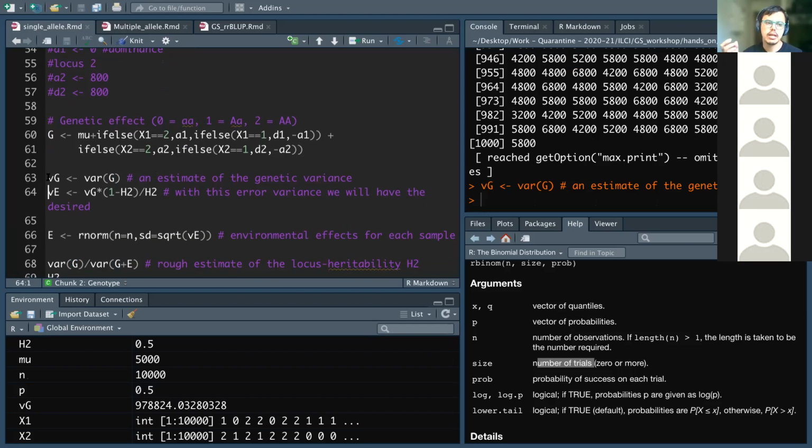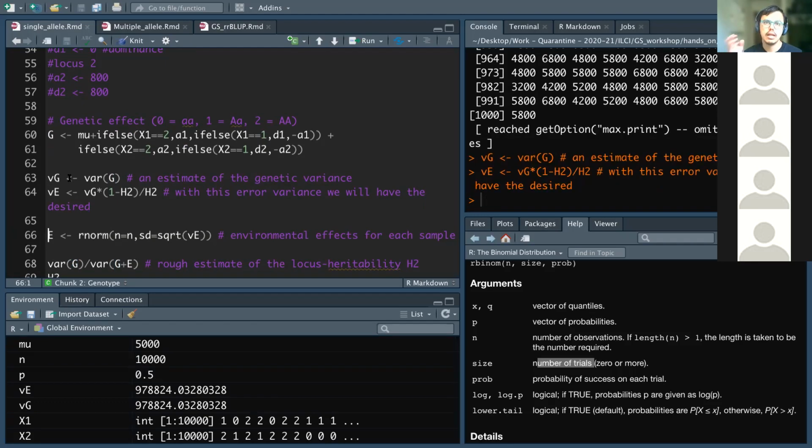With the genetic variance, we can put together the genetic variance and the environmental variance to estimate what is the error variance in the population. So now that we have the estimation of the genetic variance, we can estimate the environmental variance taking into account the heritability.